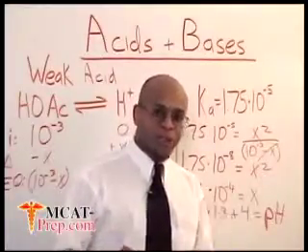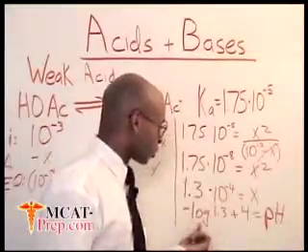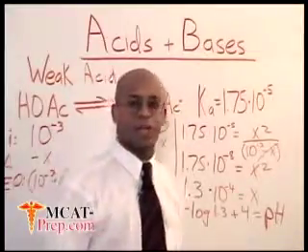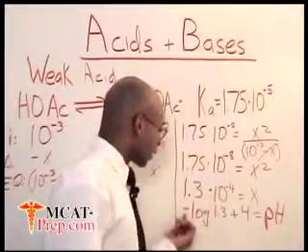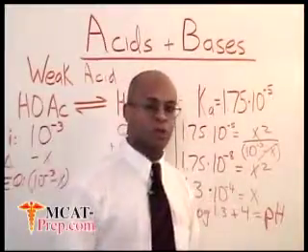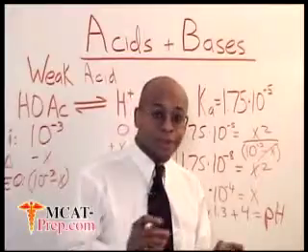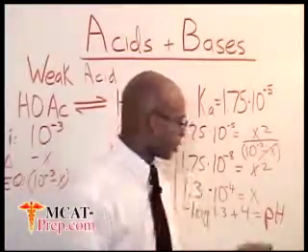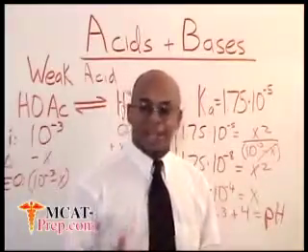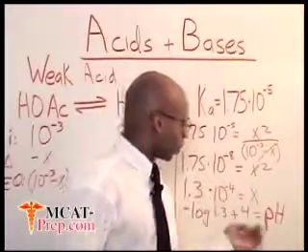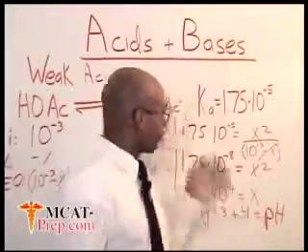So it's much closer to 0 than it is to 1, because it's closer to the log of 1 than it is to the log of 10. So we're going to subtract a number very close to 0, so a very small fraction, from 4.